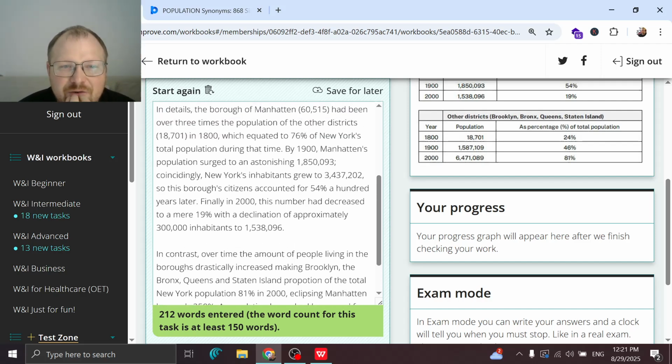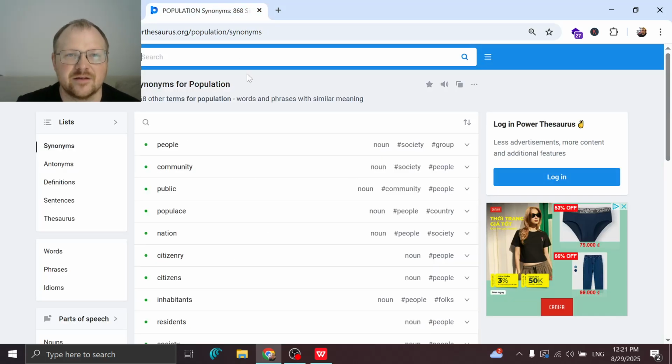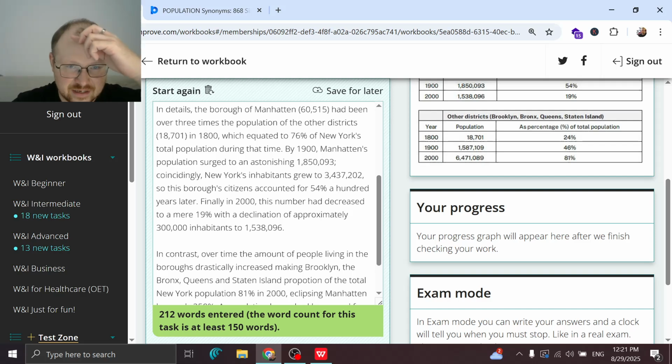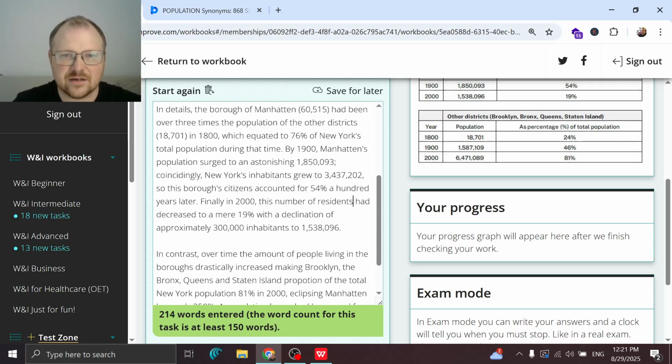Finally, the number of residents had decreased to a mere 19%, with a declination of approximately 300,000 inhabitants.